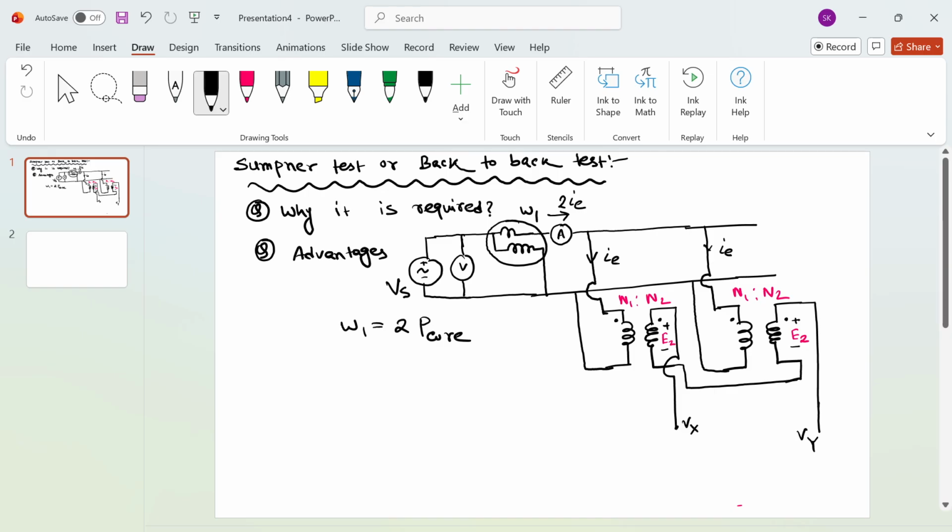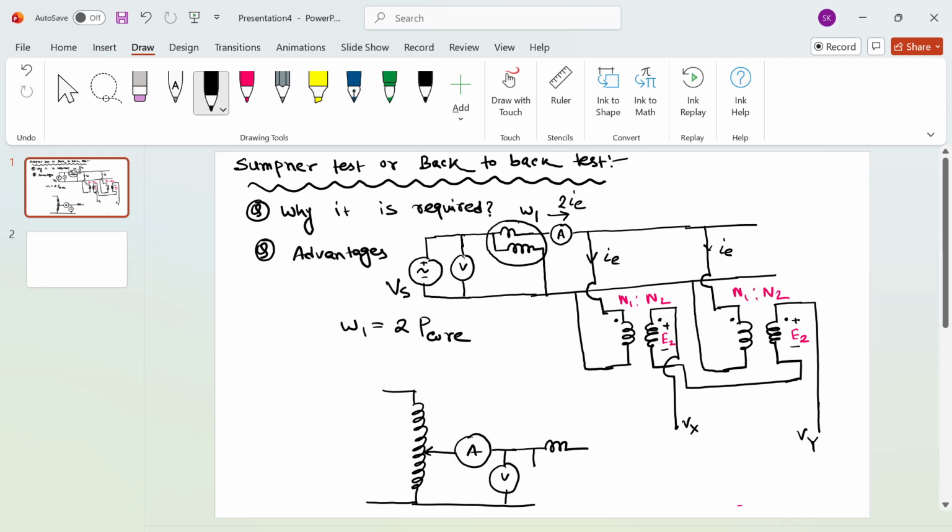Now let's say we want to calculate the copper loss data. For that we can do one thing. Let's say we have an auto transformer with us, and we have an ammeter, maybe some voltmeter also.